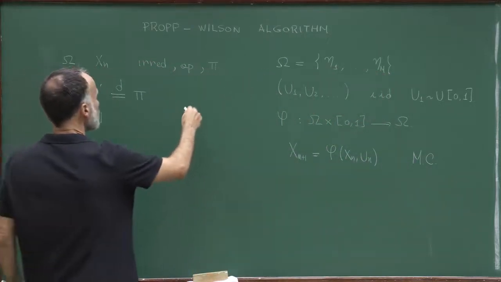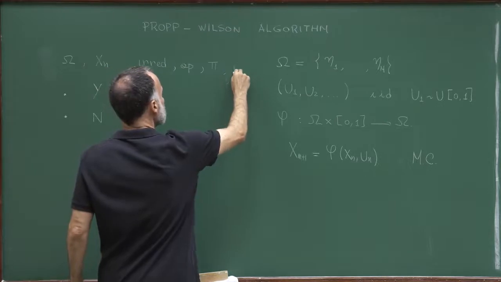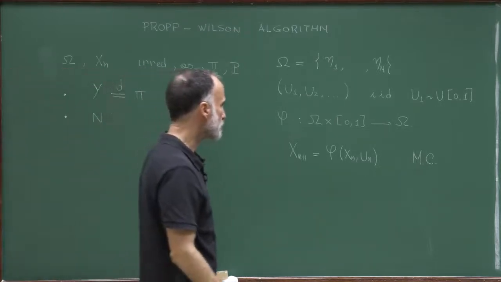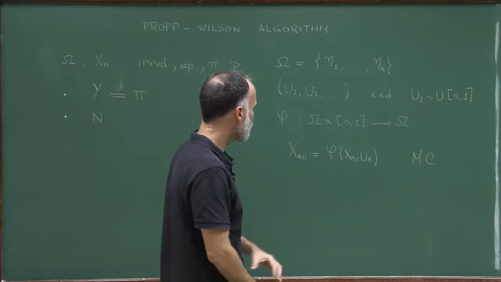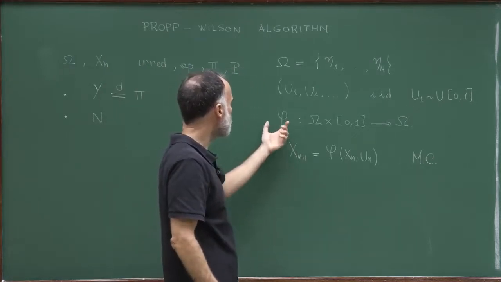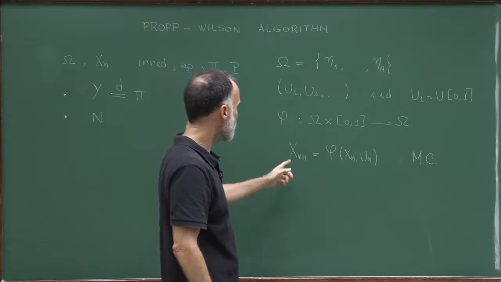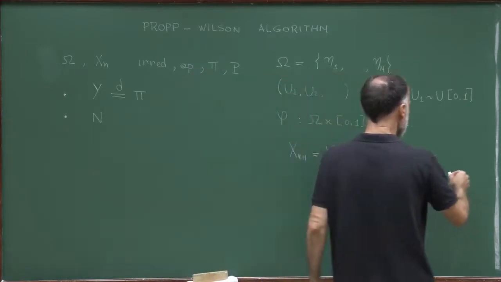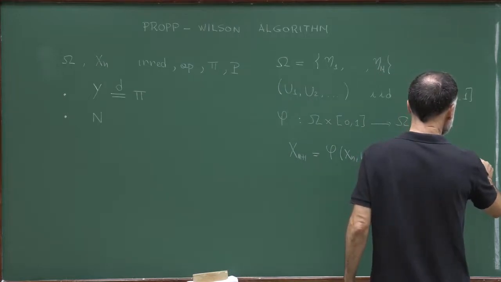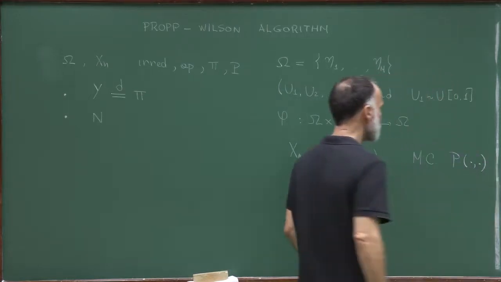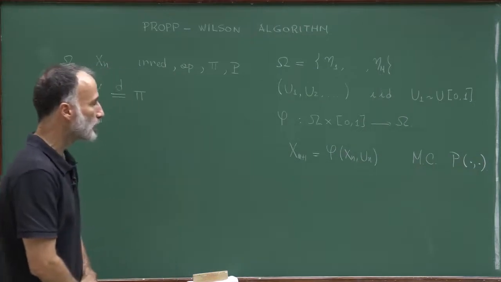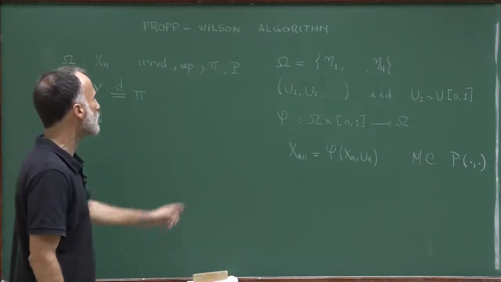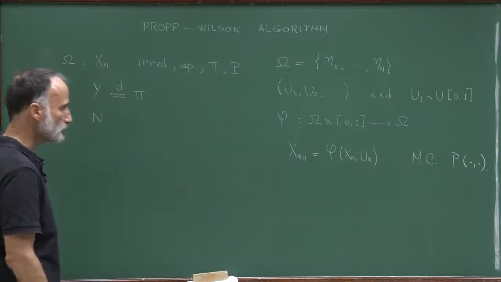So let me represent by P the transition matrix of the chain I'm interested in. These phi, and we have seen how to do it, are defined in such a way that this formula defines a Markov chain which has transition matrix given by P, the transition matrix of the chain whose invariant measure is pi.